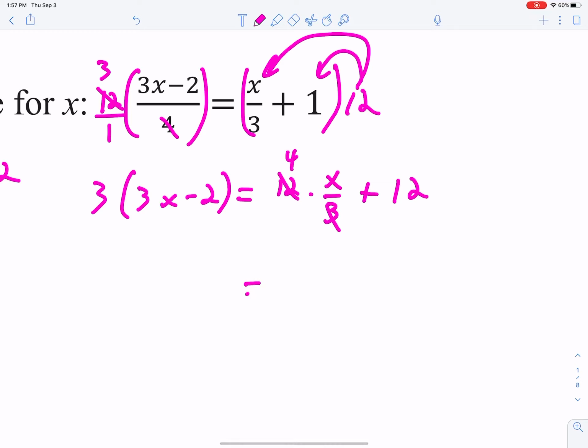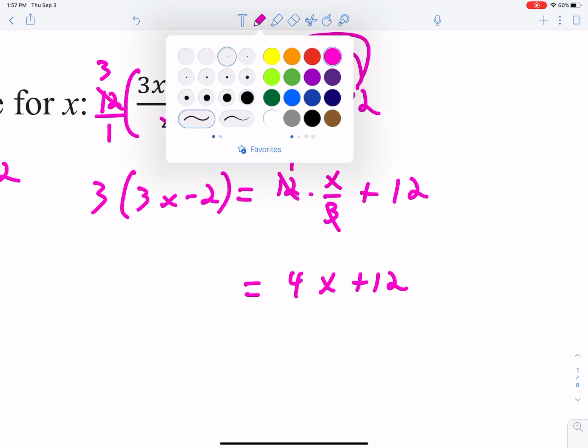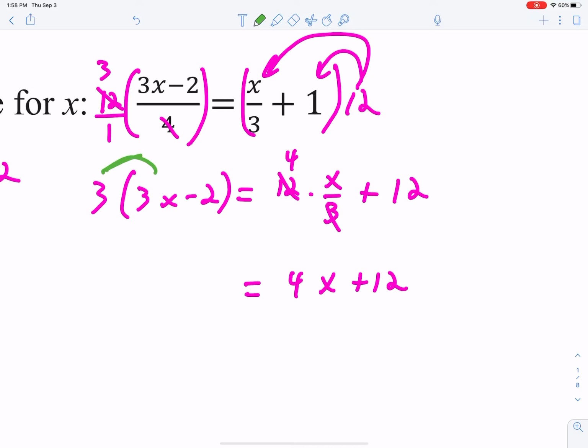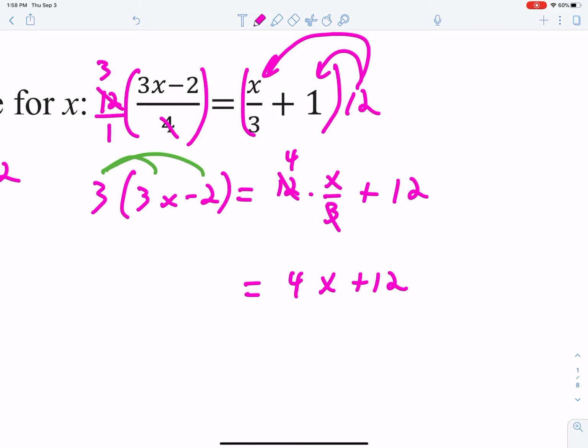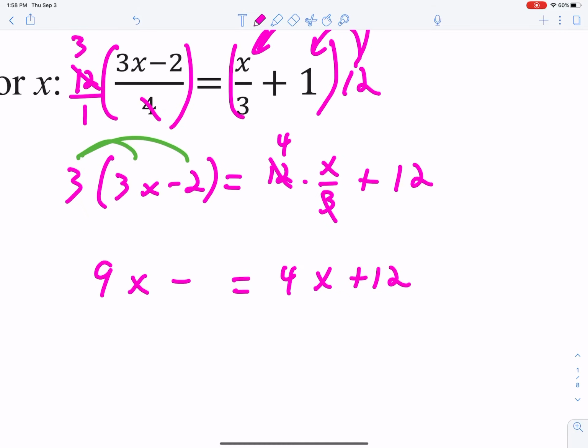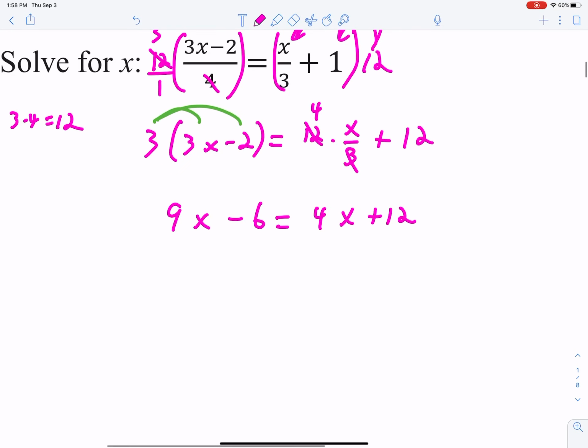So on this side we have 4x plus 12. Now on the left side we're going to distribute, right? When we have something outside the parentheses, it means multiply. But remember, you've got to share with everything that's inside the parentheses. All right? So 3 times 3x is 9x. 3 times negative 2 is negative 6.